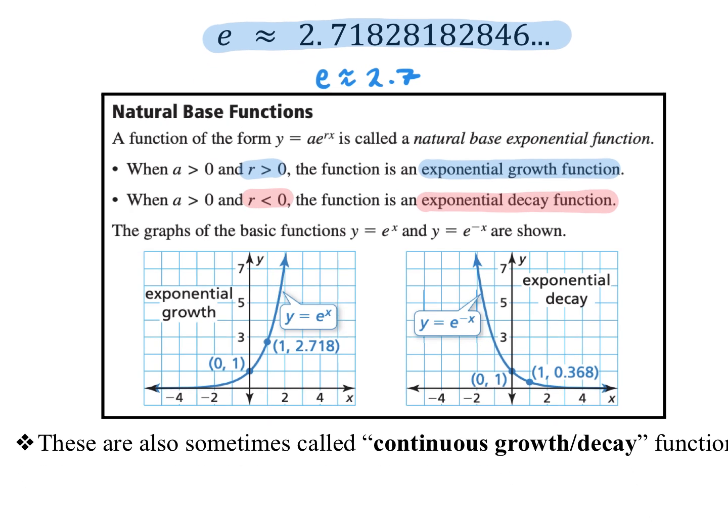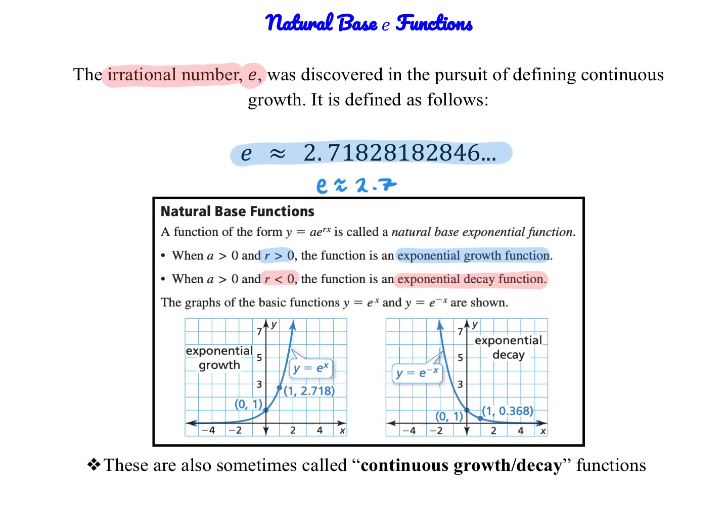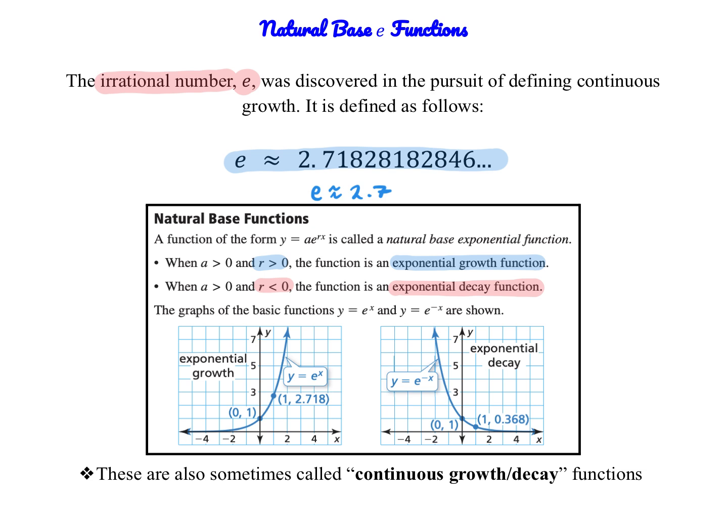So that's the only difference here. The base is always going to be e, but sometimes the exponent will be positive, making it growth, and sometimes it will be negative, making it decay. Again, when we graph these functions, we will just use our scientific calculator, which again has an E button to help us approximate these values so we can plot them.